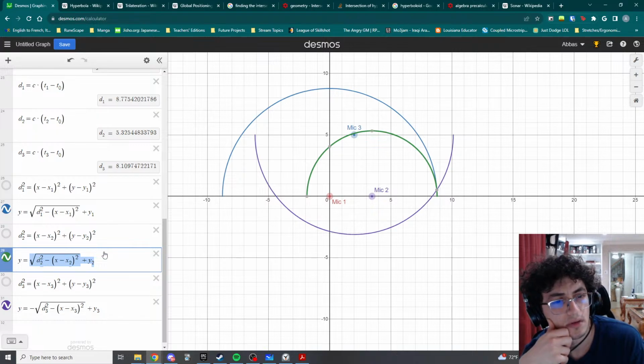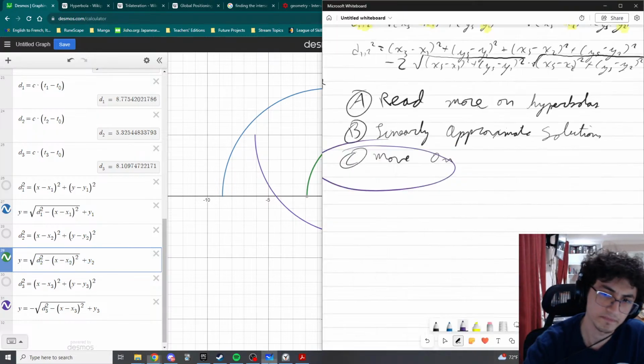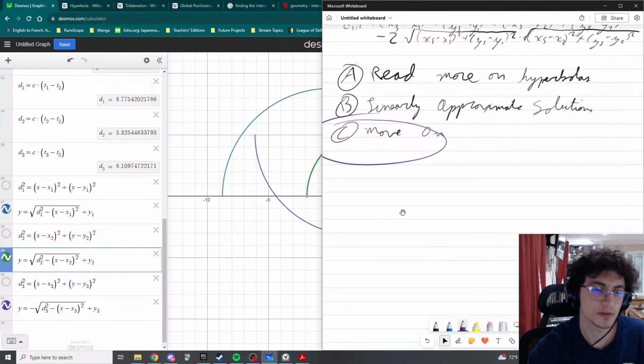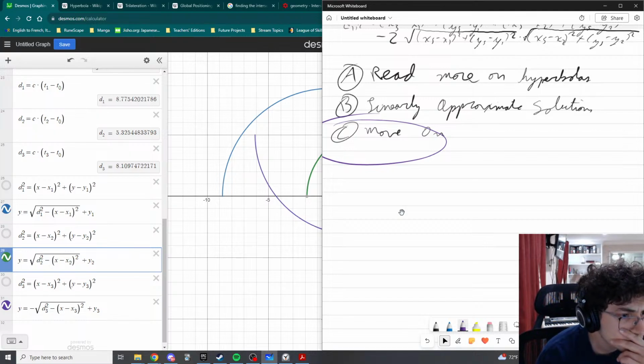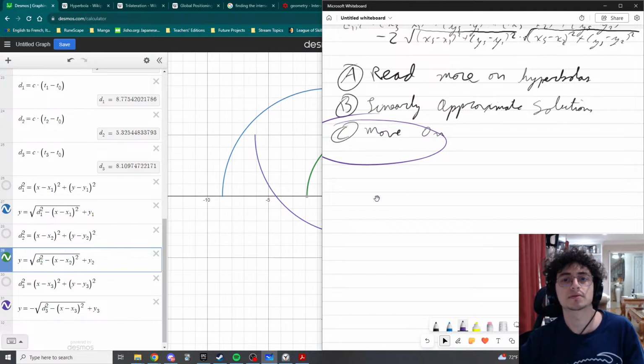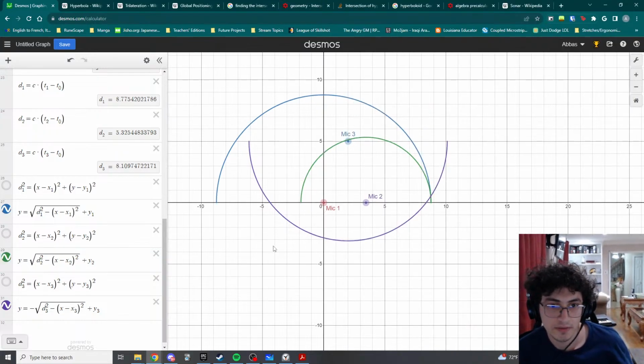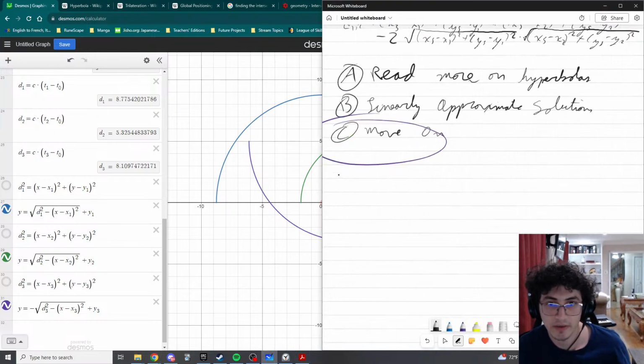Okay. So from here, I try to do the square root of d1 squared minus x1 squared plus y1.